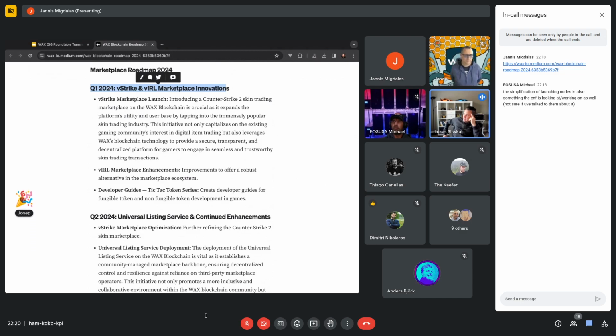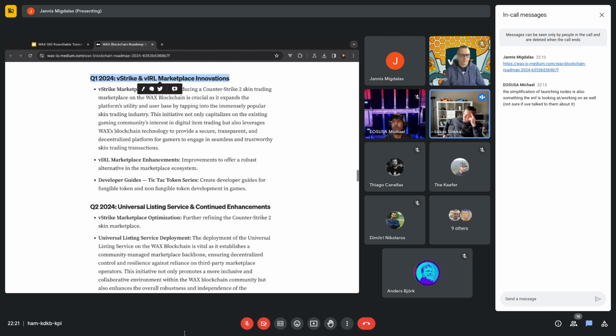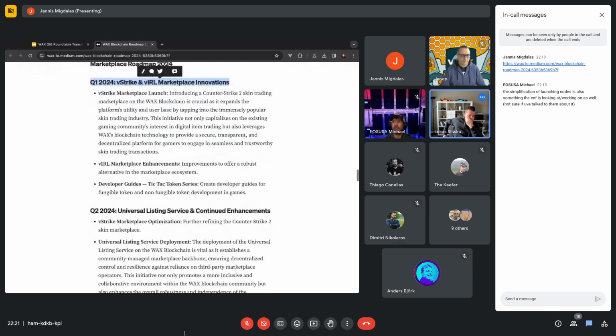And especially now when you look at that space, it looks like the skins trading market is about $20 million per day. So it's a fairly sizable chunk of volume across all the different marketplaces. So for Wax to be able to capture a percentage of that, and like I said, go back to our roots is something good. And we'll see how that goes.